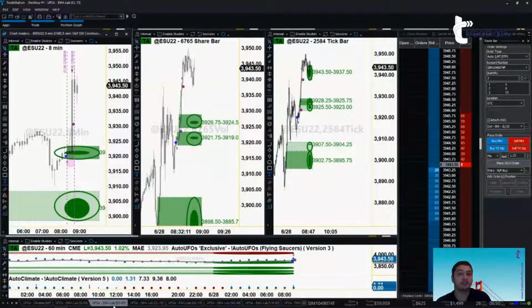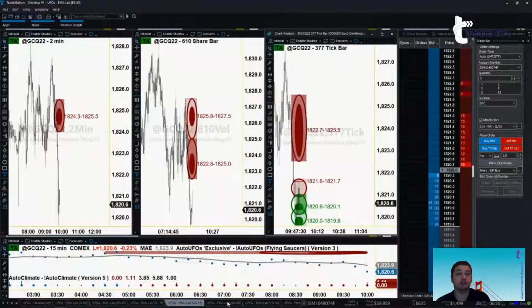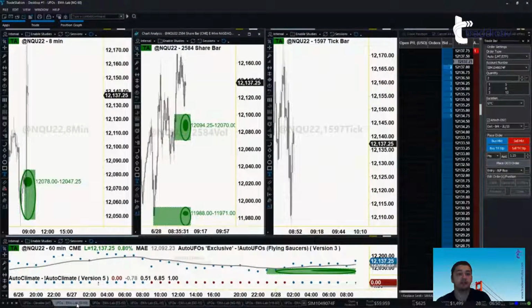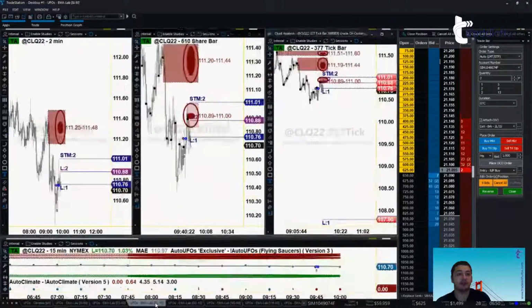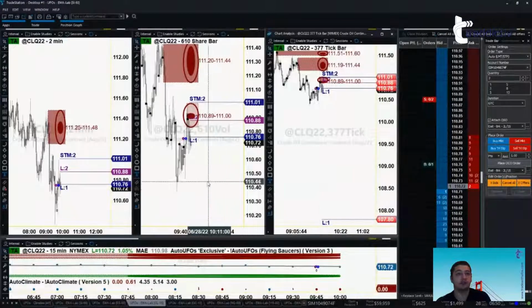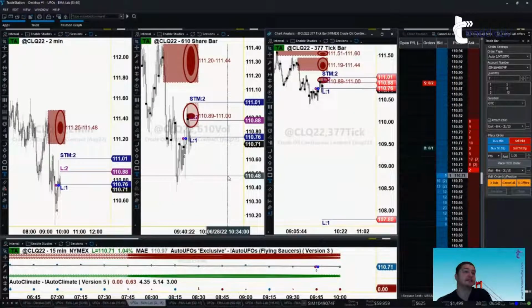ES 60 still showing strength, which is great. Silver, okay, bounced up a little bit from there, more or less as expected. Man, I think crude oil, I wish we were watching a little bit more closely.